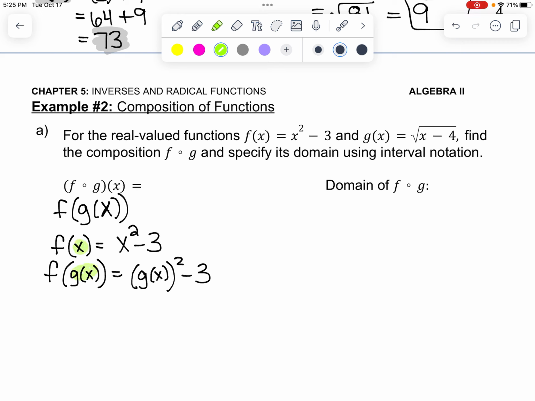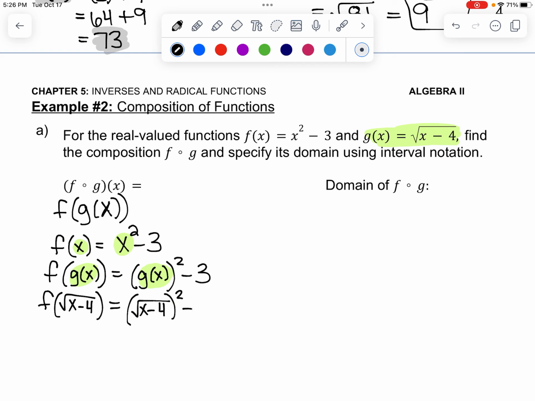So g of x got substituted in for x. Now g of x, we know g of x is over here. G of x is equal to the square root of x minus 4. So what I can do then is substitute g of x as the square root of x minus 4, because again, that's what it tells me g of x is equal to.